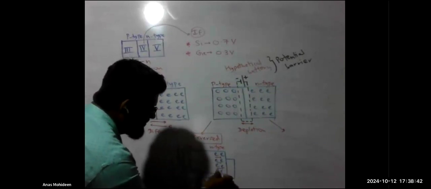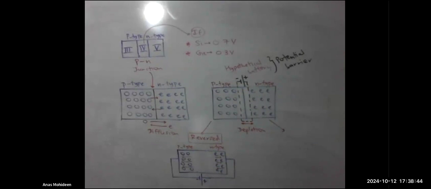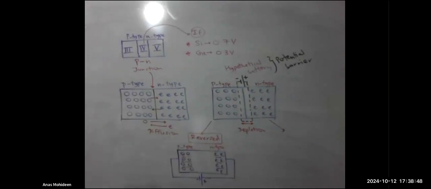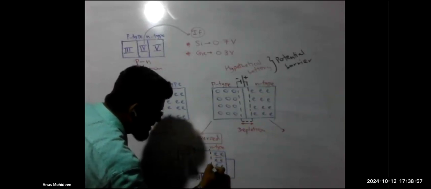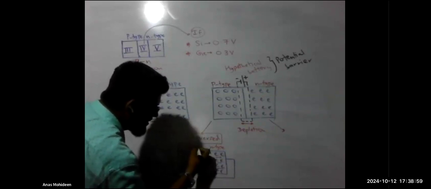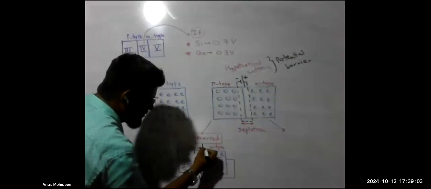Now, what is happening to the layer here? Can you see the layer is increasing, the gap is increasing? The potential barrier layer is increasing. It was the negative terminal and this was the positive terminal.